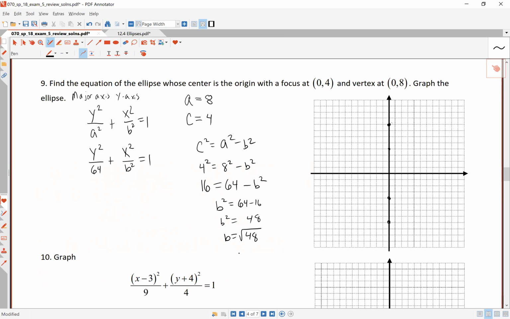Now, in terms of how large that is, the square root of 48 is just a little bit smaller than the square root of 49, bigger than the square root of 36, so it's between 6 and 7, but we'll say that the square root of 48 is pretty close to 7. So in the x direction, we're going to go out nearly 7.